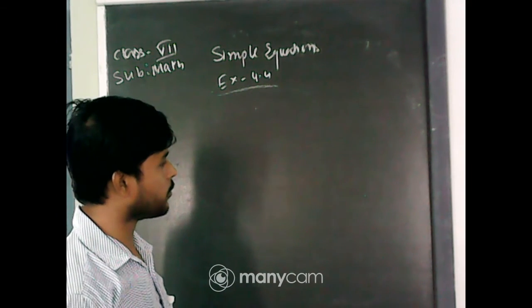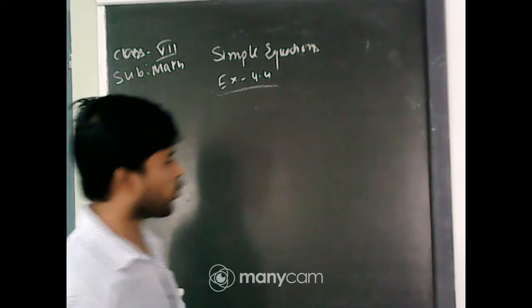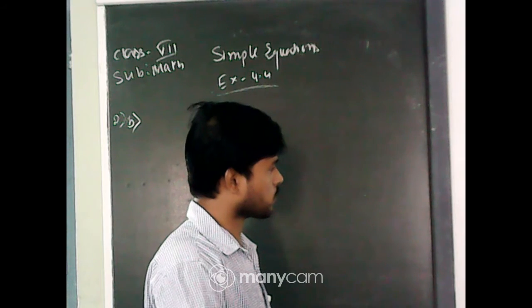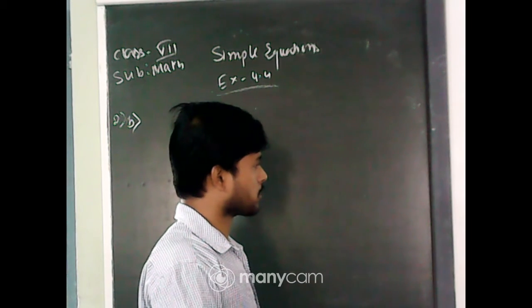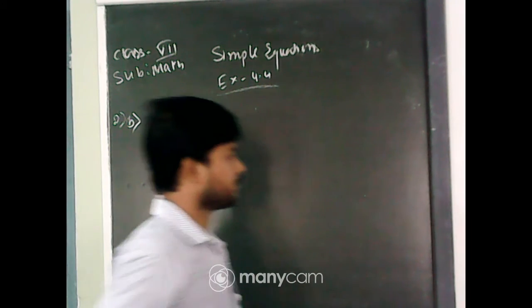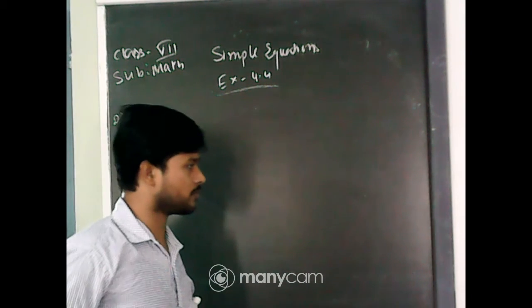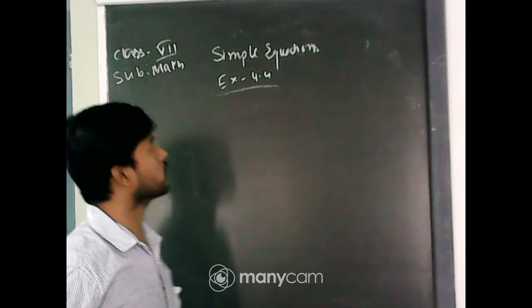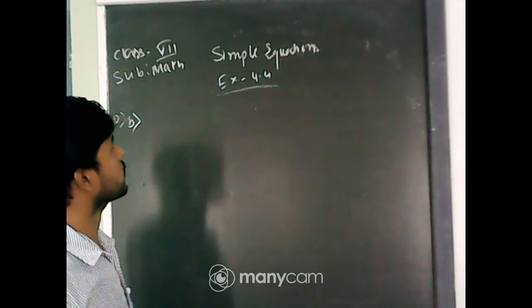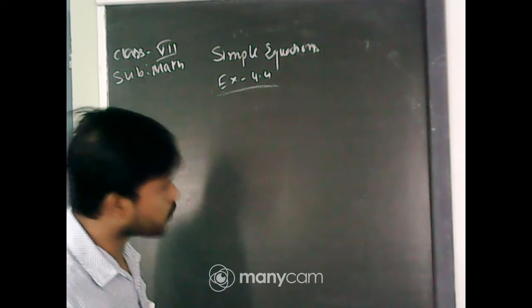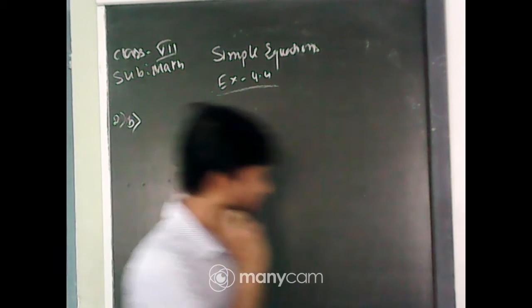Anyone, can you tell me the definition of an isosceles triangle, or what is an isosceles triangle? I'm giving you 1 minute to answer. Two sides are same, very good.